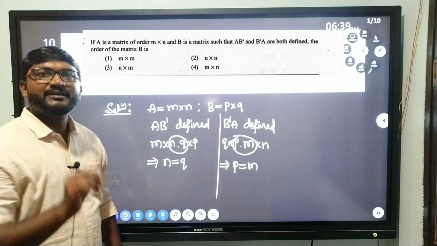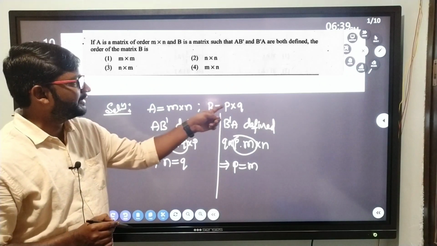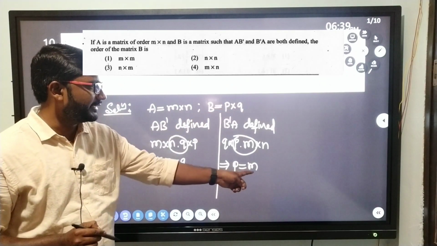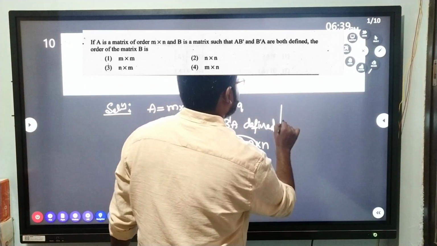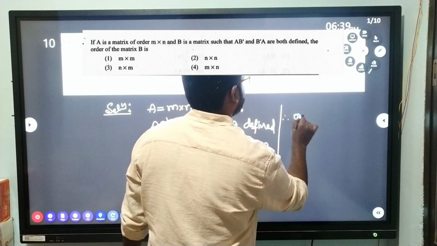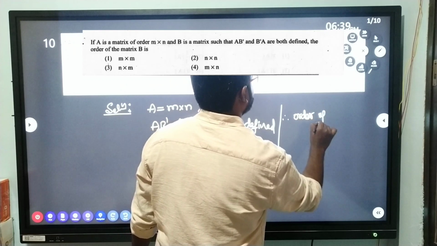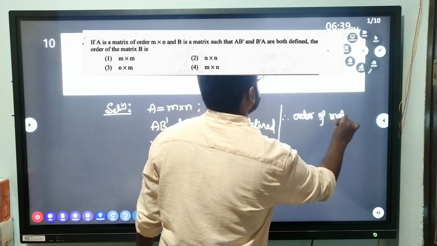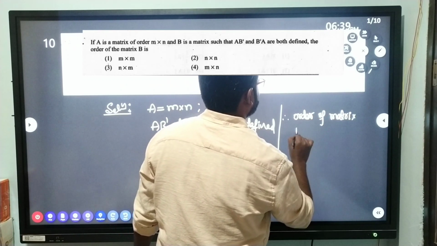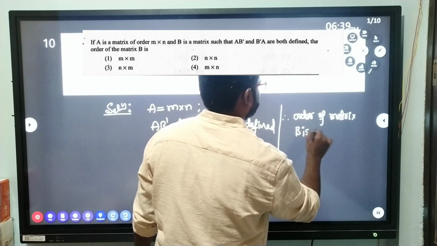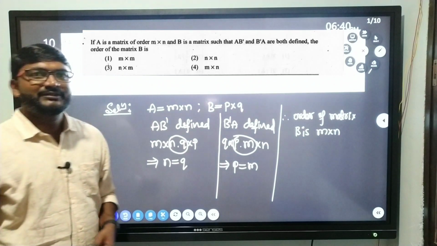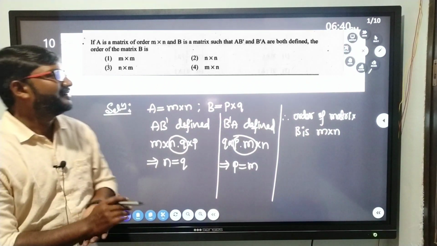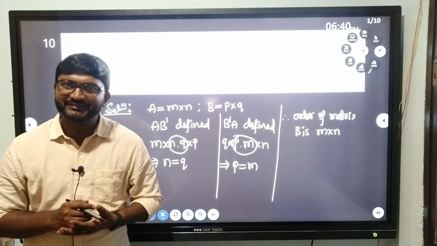Then overall, what is the order of the matrix B here? It is P cross Q. P is m, Q is n. Overall, the order of the matrix B is m by n. Therefore, the order of matrix B is m cross n or m by n. So this is regarding question number 10. So this is all about today's class. Thank you.